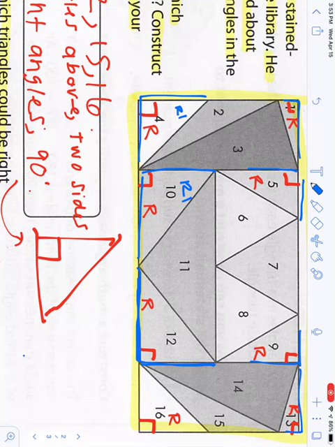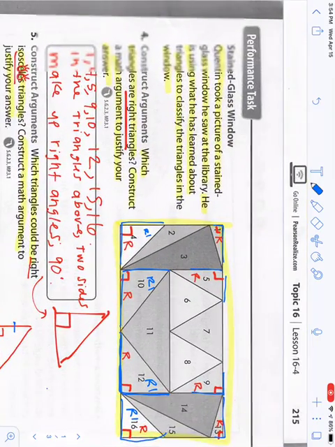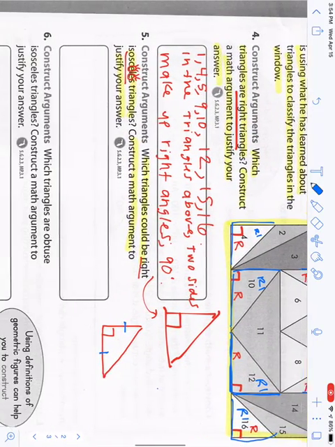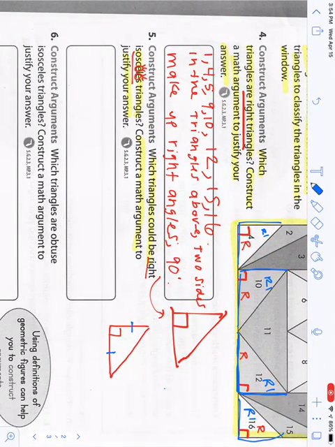Wish I had a ruler. Okay. And then this one also, because it mirrors the other side, looks pretty even. And I think that's it. So I'm going to say the triangles that could be right isosceles are 4, 10, 12, and 16.